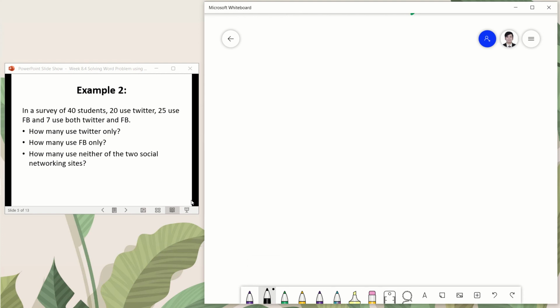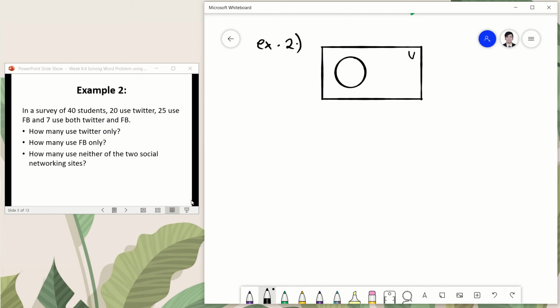Okay? So first, for us to solve this problem, one method that we can use again is a Venn diagram. So we will try to organize our results using the format I presented to you. First, you make a rectangle, with the label on the upper right, and then two circles inside.